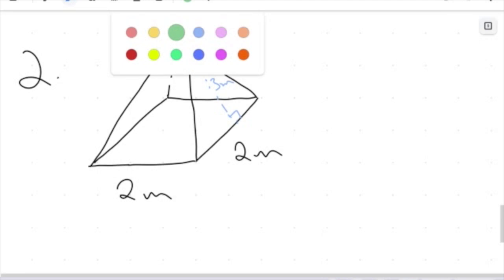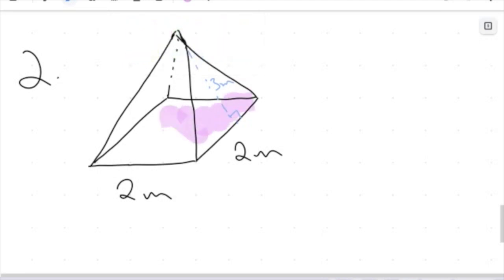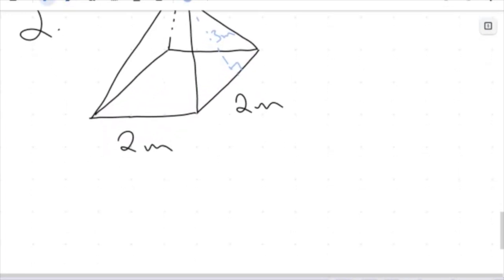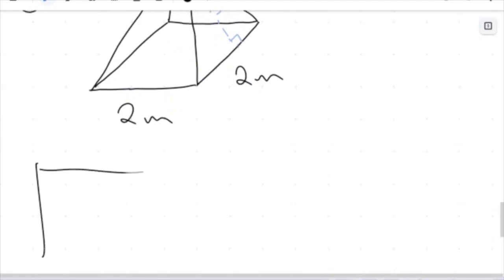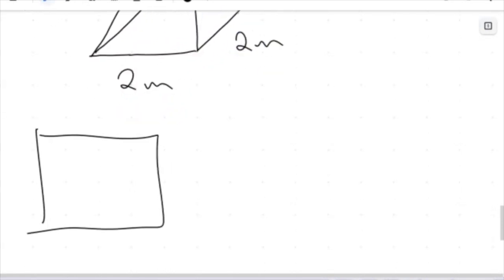Okay, now once again, I want to decompose this into all of its parts. First thing is, I have my base. That stays like so. So I'm going to write that in here. If I break up all of my different surfaces, I have my base of 2 meters by 2 meters.